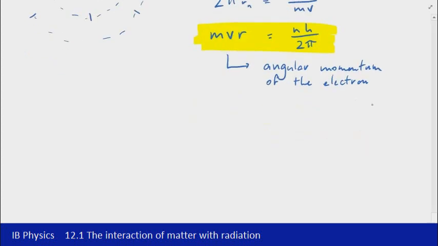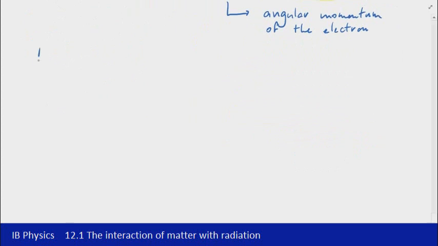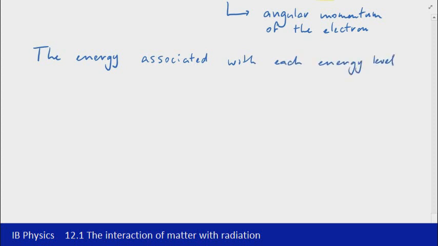The last thing we'll note here, not something that we'll go into in lots of detail, and we've already seen it back in subtopic 7.1 anyway, is that the energy associated with each energy level for hydrogen is given by a fairly simple equation, and I'm not going to go through any derivation for this.